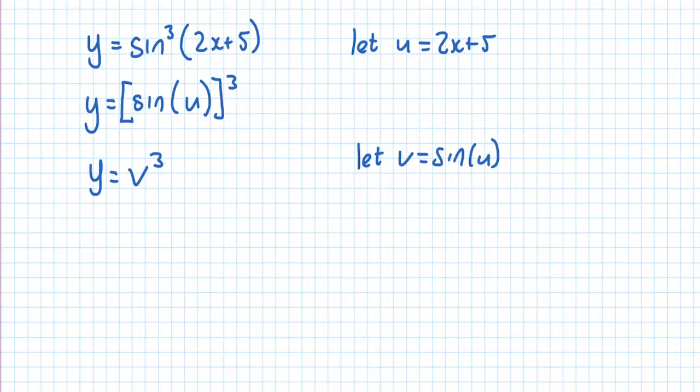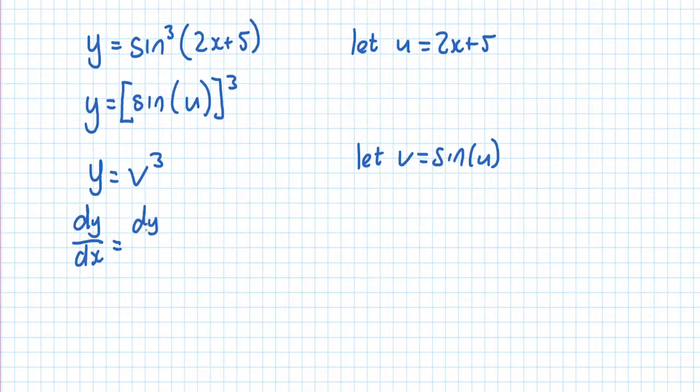So as you can see there, we had a linear function inside a trig function inside a polynomial. And again, let's use the chain rule to solve this one. So dy by dx is going to equal, we have to start with the most recent function that we had.